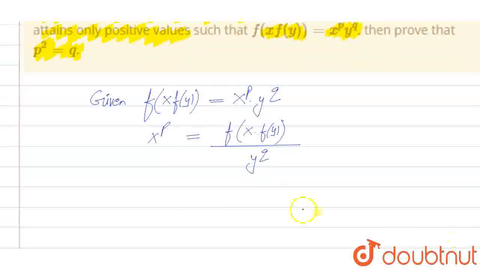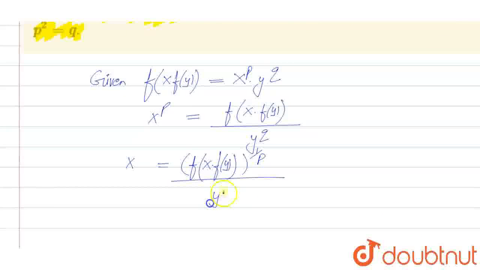So x becomes equal to (f(x)·f(y))^(1/p) divided by y^(q/p). Let this be equation 1.